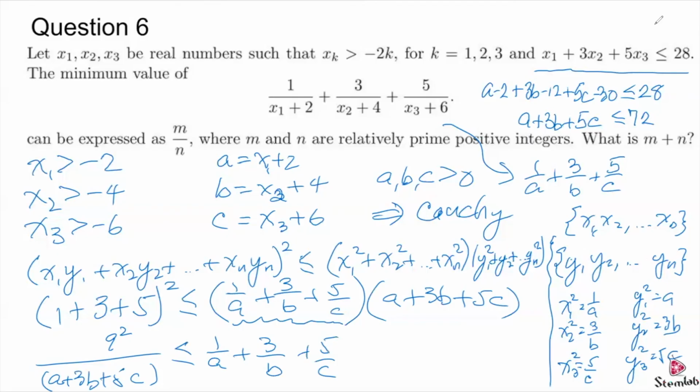But the denominator is bounded. The denominator can have a max value of 72. So therefore, this side is nothing more than 81 over 72, which simplifies to 9 over 8, when you divide both numerator and denominator by 9. So m is basically nothing more than 9, and n is nothing more than 8. So the sum of m plus n is 17.